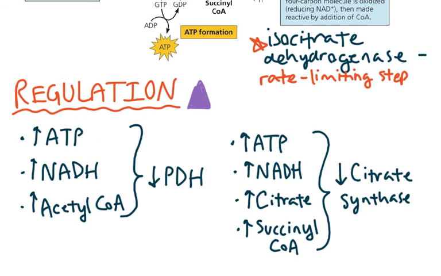So that pretty much makes sense. And likely if you come across a multiple choice about this, none of the other choices will really fit. It will be like, does oxaloacetate inhibit citrate synthase? And then it's like, no, because oxaloacetate is what makes citrate. So that would stimulate it if it was part of the regulatory system, which I don't think it is.